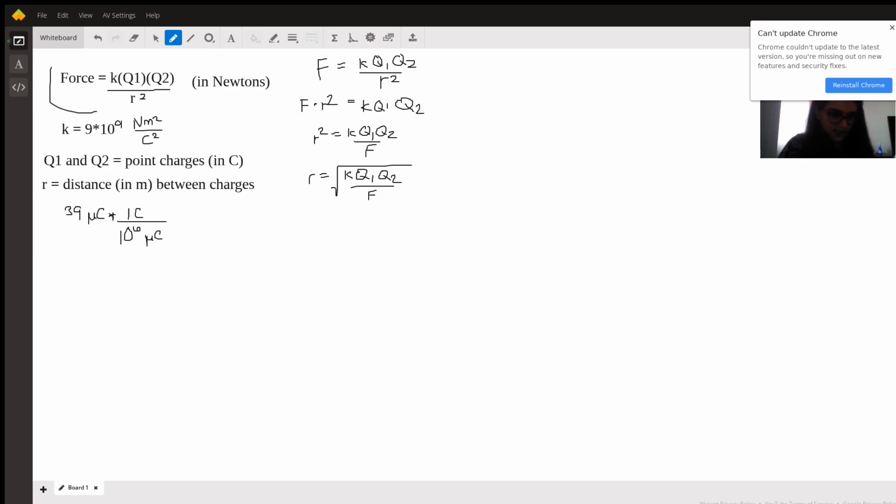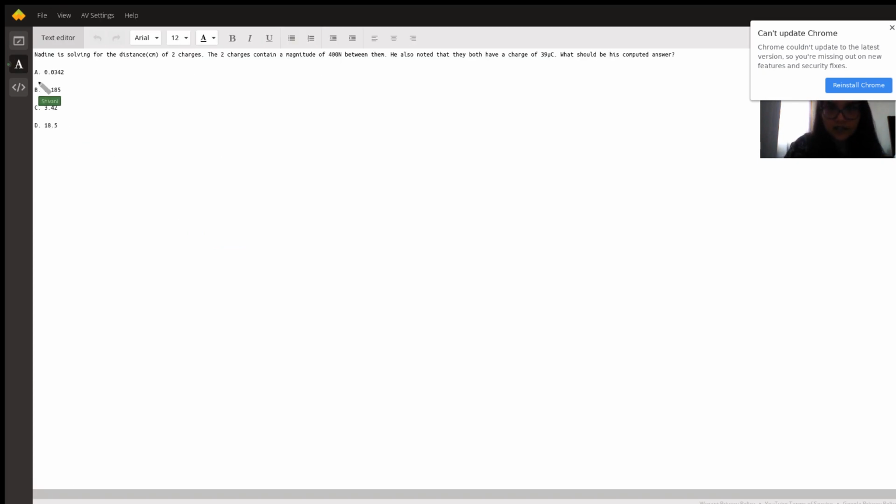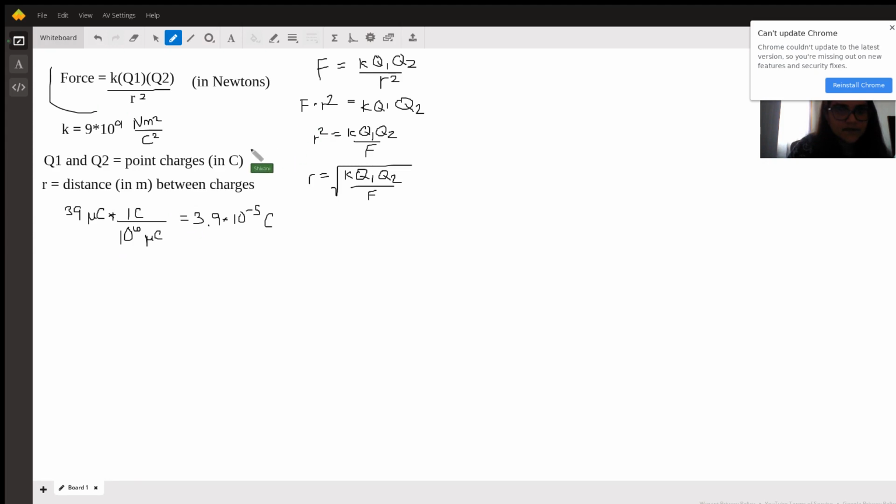So 39 divided by 10 to the 6 would be 3.9 times 10 to the negative 5 coulombs. And that would be the value of each of the two charges. The force between the charges is 400 newtons. So we can go ahead and calculate R.